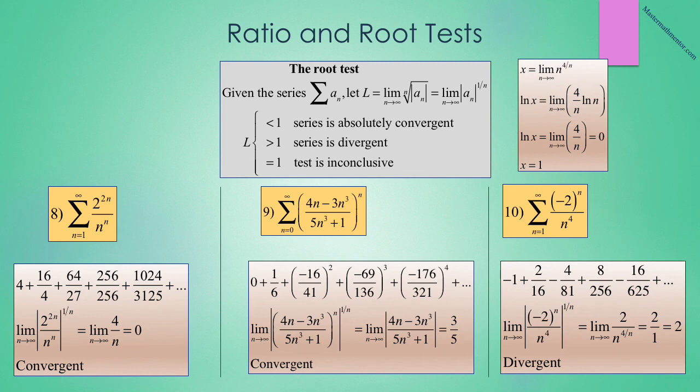We now apply L'Hopital's rule to that, and we get natural log of x is equal to the limit as n approaches infinity of 4 over n, and that is equal to 0. And since natural log of x is equal to 0, x is equal to 1.